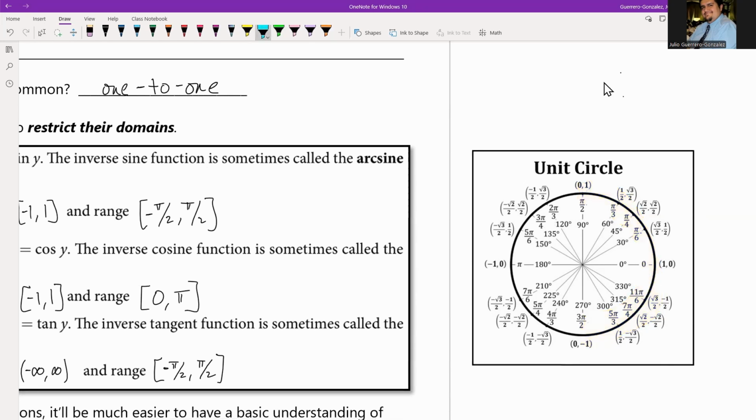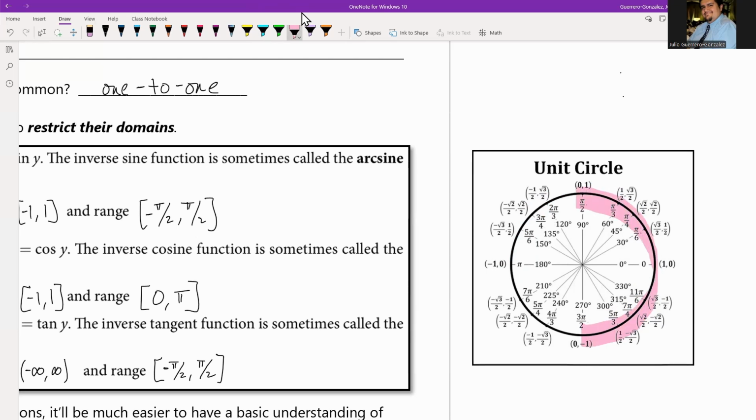For cosine, same idea. We start here and we're going to go all the way around, all the way back to here. That is the range for cosine inverse, right? And if you take a look at it, all the angles past 180 degrees, or pi, just start to repeat for cosine outside of this blue arc. And then same thing for tangent. Tangent is saying from -pi over 2 to pi over 2.